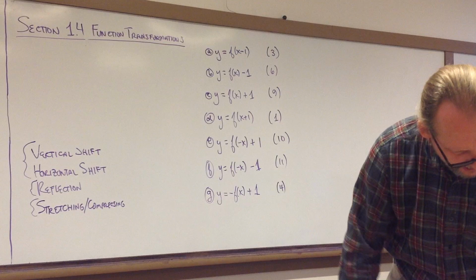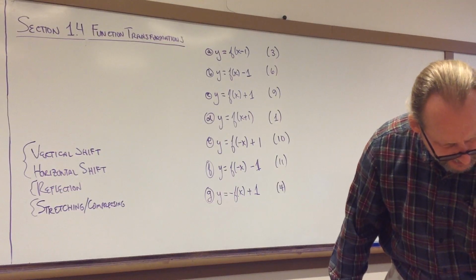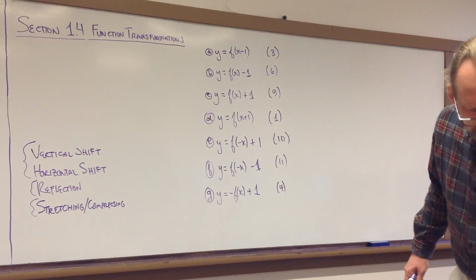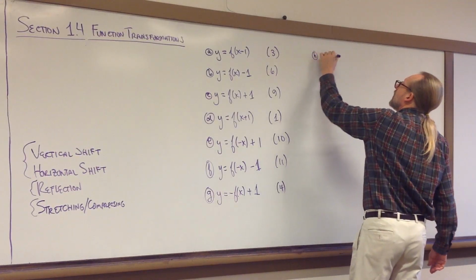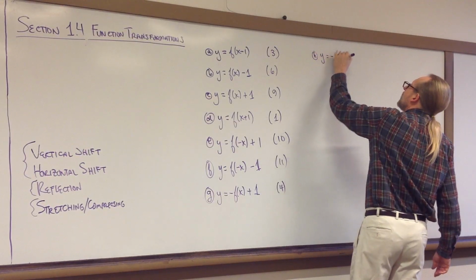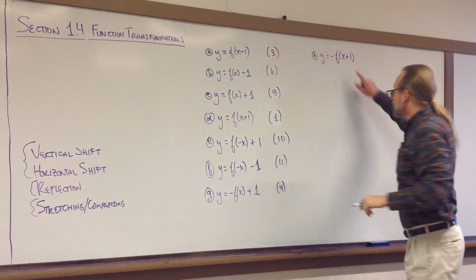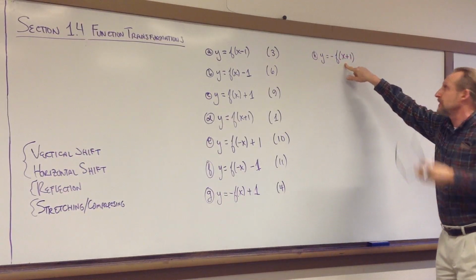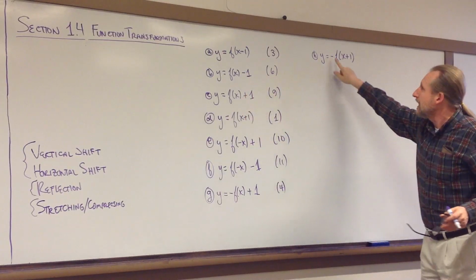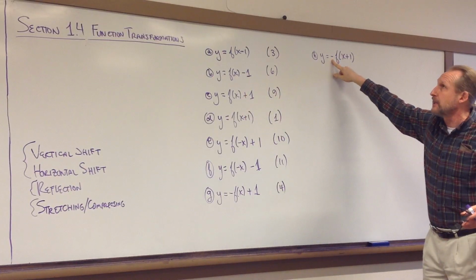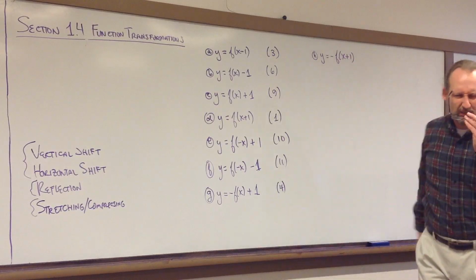Okay, h, negative f of x plus 1. So remember, we want to start inside the parentheses first. So this is going to get shifted to the left 1 unit. Then it's going to get reflected over the x-axis.